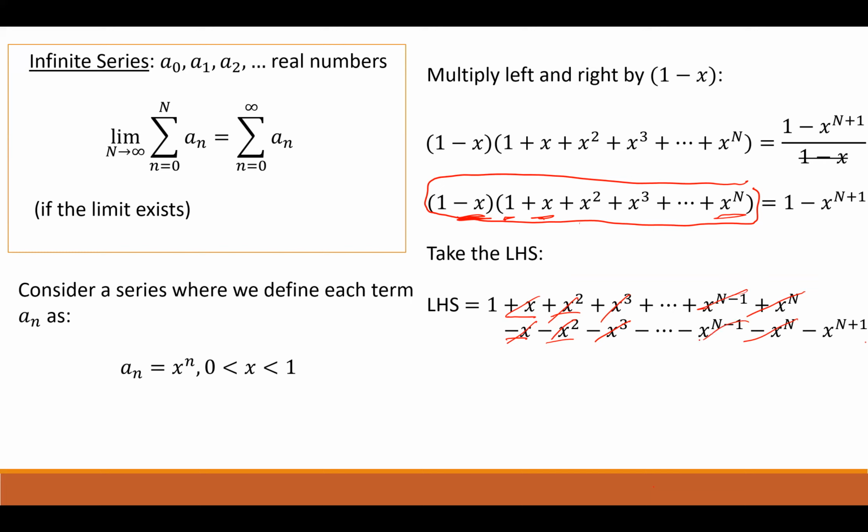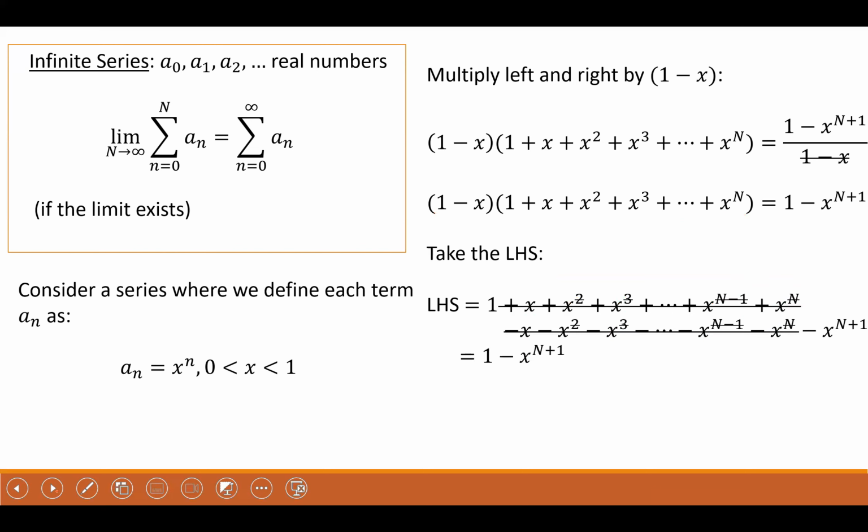All of that middle stuff is equal to 0. And I'm left with 1 minus x to the big N plus 1. That's my left-hand side. And of course, you'll notice that it's also my right-hand side. Right? So that means that, yeah.